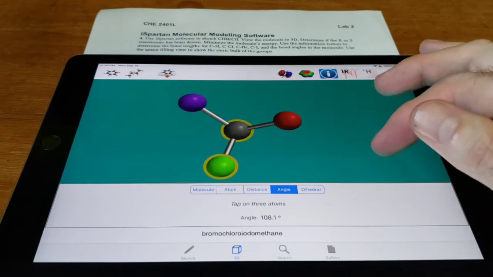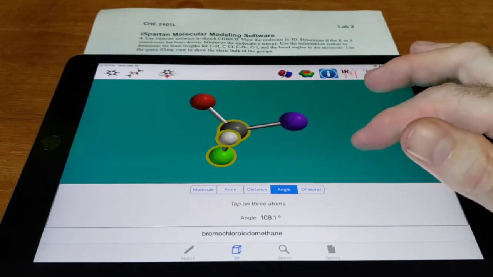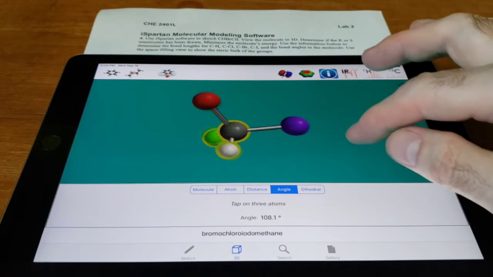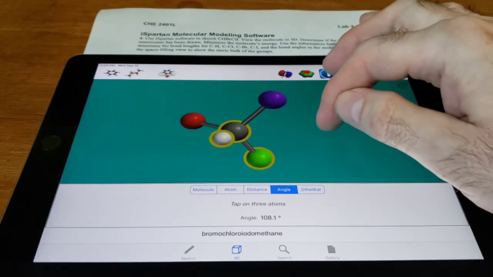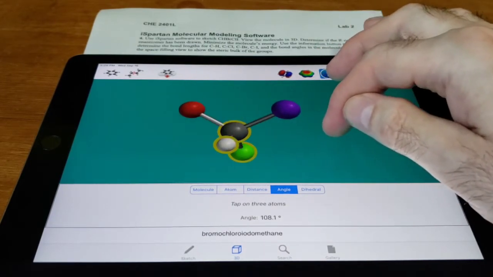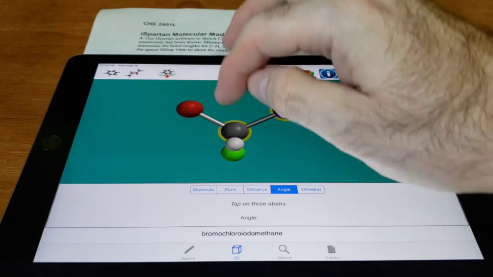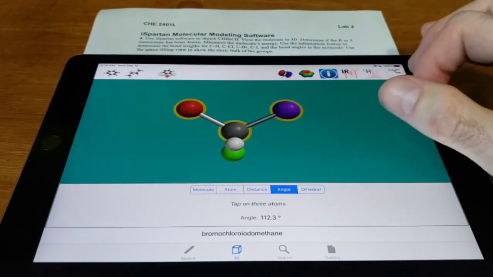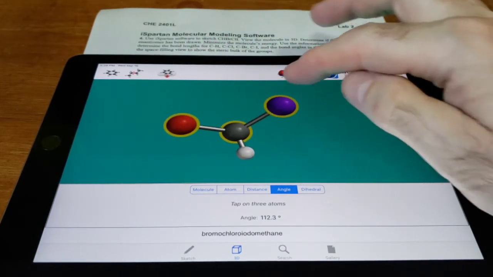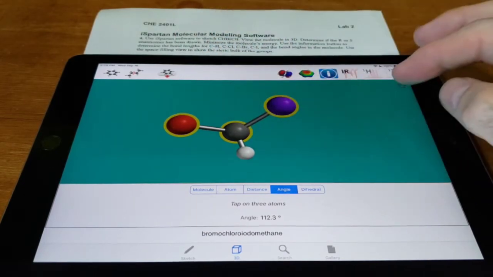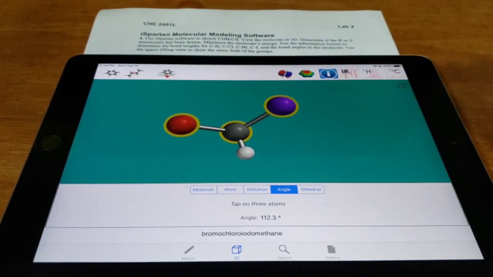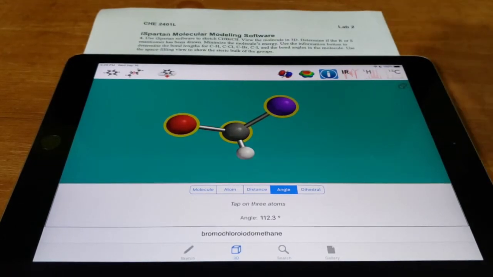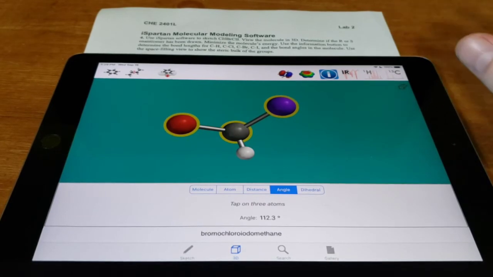It's going to be squeezed in because the iodine and the bromine are going to be taking up more space. So if we look at the angle between the iodine and the bromine, that angle is 112.3. That's just sterics. That's the size of those groups pushing the bonds apart.